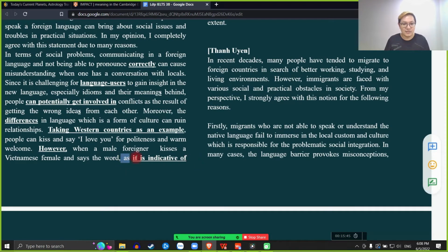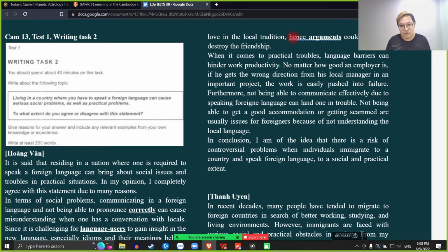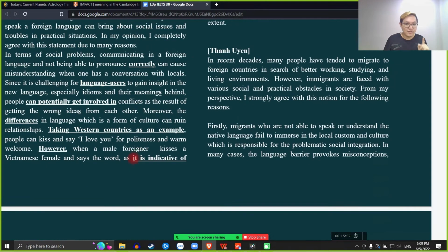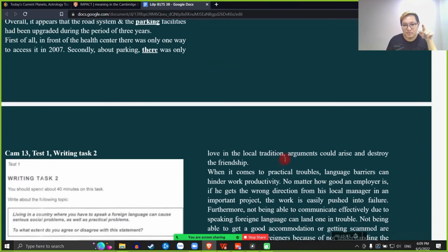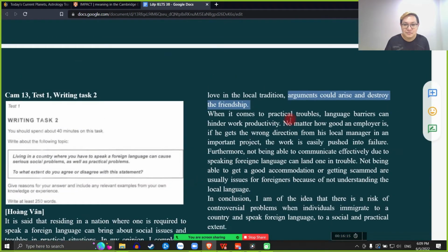As it is indicative of love in local traditions, arguments could arise in relationships. So these two clauses are related to each other. Okay, I understand it now. Okay, good. Very good.